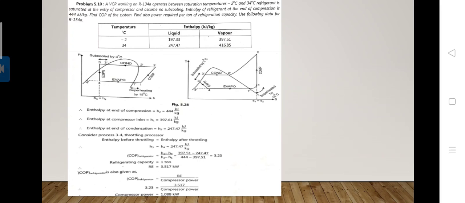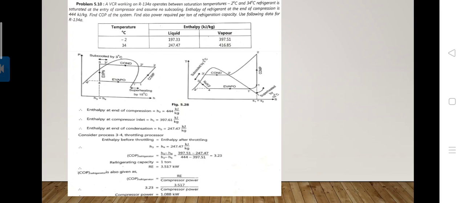Okay, now we see the vapor compression system. In the last problem we saw the processes in the vapor compression system, that is compression, condenser, expansion, evaporation. These are all the processes we saw, but here there is one more process added, that is superheating. In a simple vapor compression cycle, the compressor suction is dry saturated vapor.